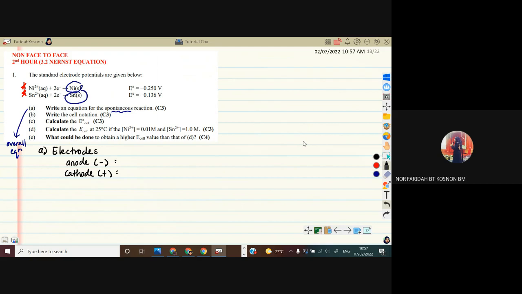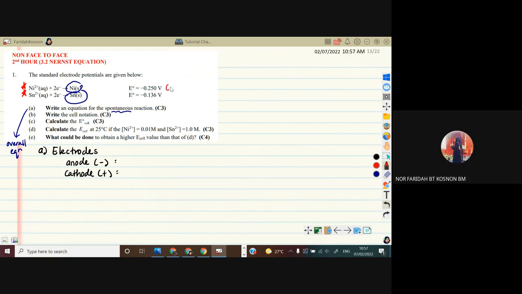How do we choose the anode? The electrode that has more positive or more negative standard reduction potential value? More negative. So between nickel solid and tin solid, which electrode has the more negative electrode potential value? Nickel.